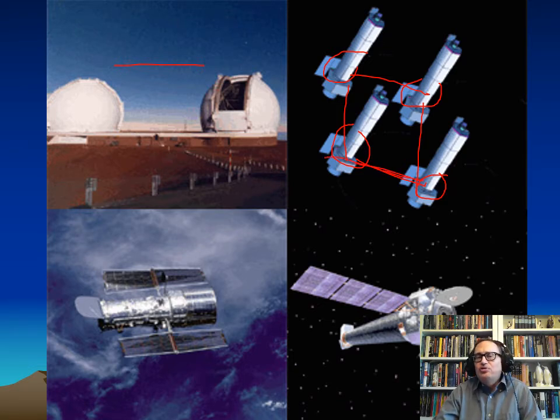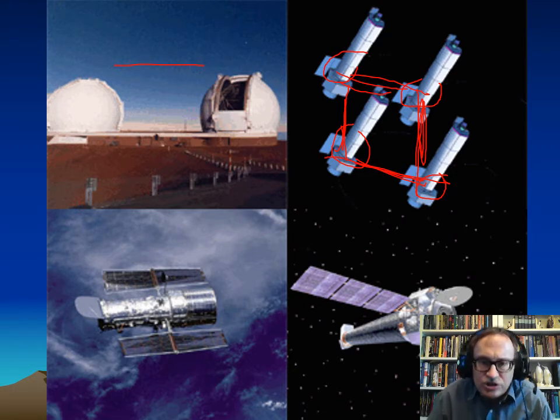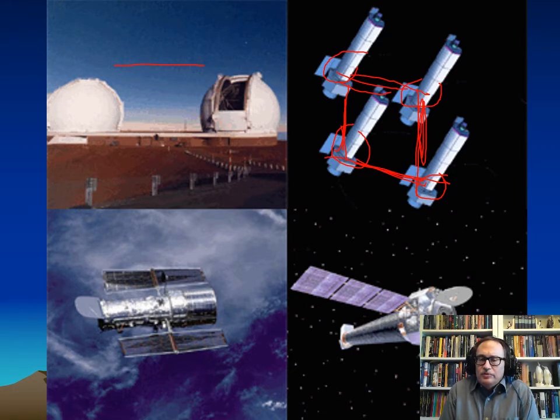Imagine you have laser links between them all, so you know the exact position of all of them to a tiny fraction of a millimeter, even a fraction of a nanometer. That would allow us to simulate an optical telescope that is miles across, or maybe even hundreds of miles across.